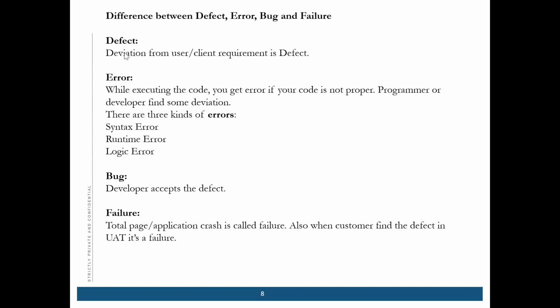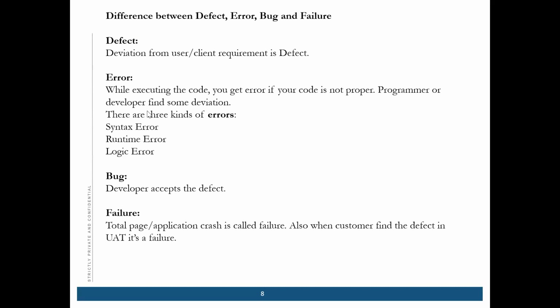A defect is what the tester has raised. Once the developer has accepted that defect, as in the defect life cycle I gave you, it will be a bug, and then the developer has to fix that bug.